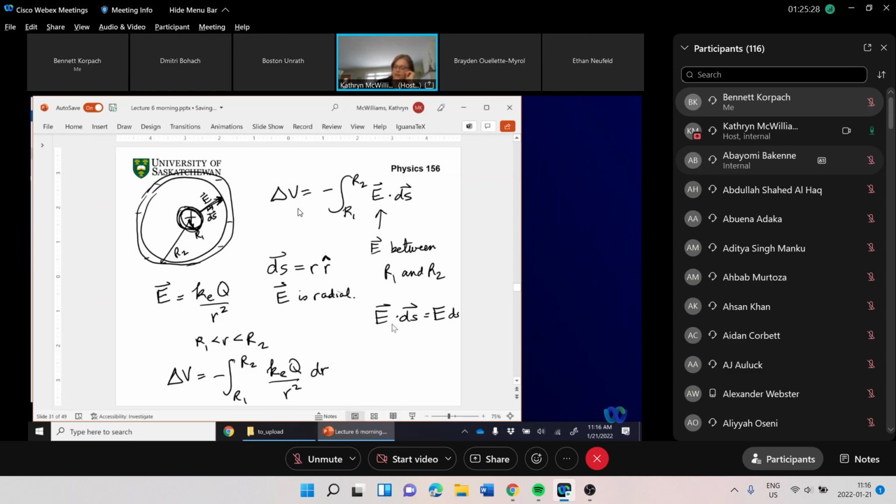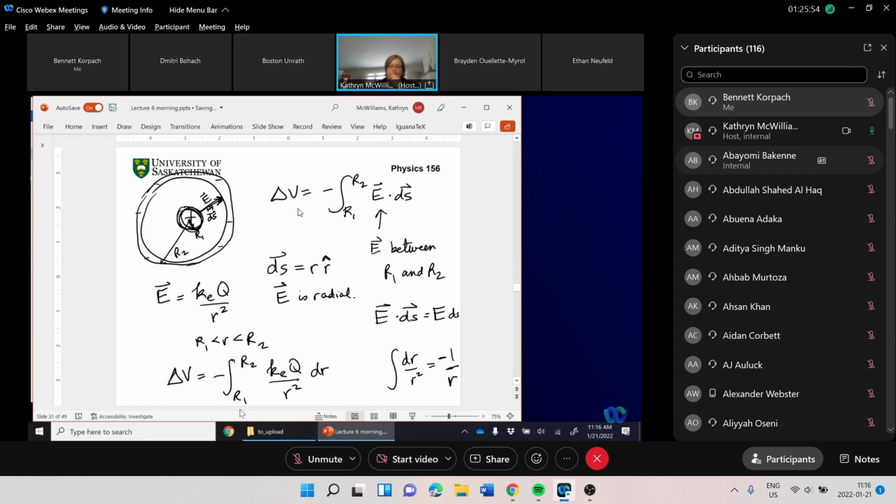So we integrate dr over R squared from R1 to R2. The integral of dr over R squared is minus 1 over R, and then we put our limits on it from R1 to R2.